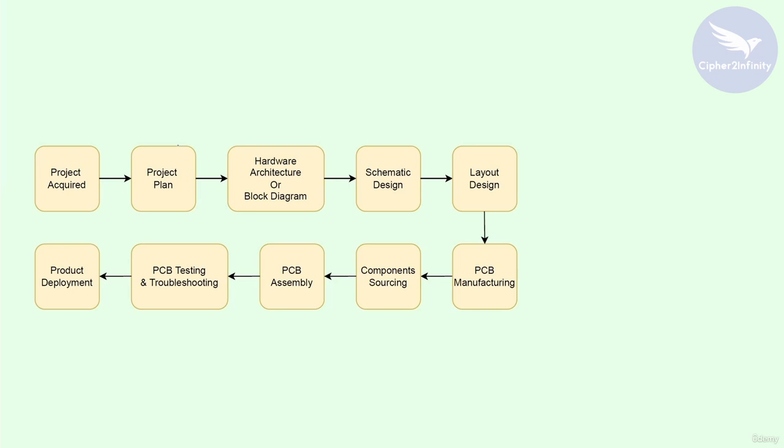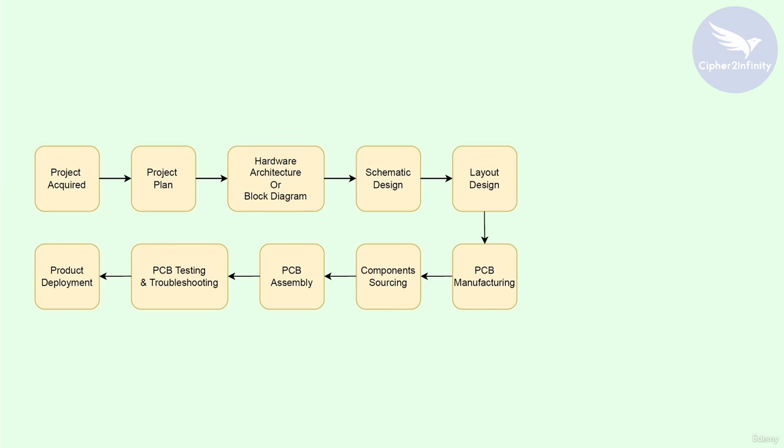This is the simplified block diagram of the hardware development process, which represents the different stages involved in it. I will walk you through the stages one by one and we will discuss each and every stage in detail. This block diagram can be much more complicated depending on the complexity of the electronics product you are working on or the type of company you are working with.